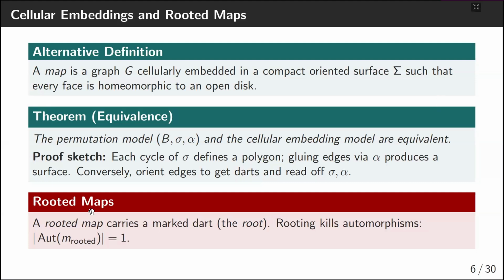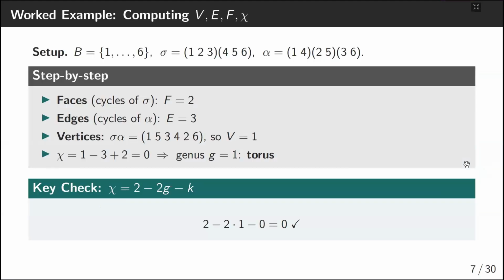So we also can have rooted maps. A root is a marked dart. This rooting will kill the automorphism, so the automorphism size is 1. We can also show you a concrete example. We do a check here to see that chi equals 2 minus 2g minus k.